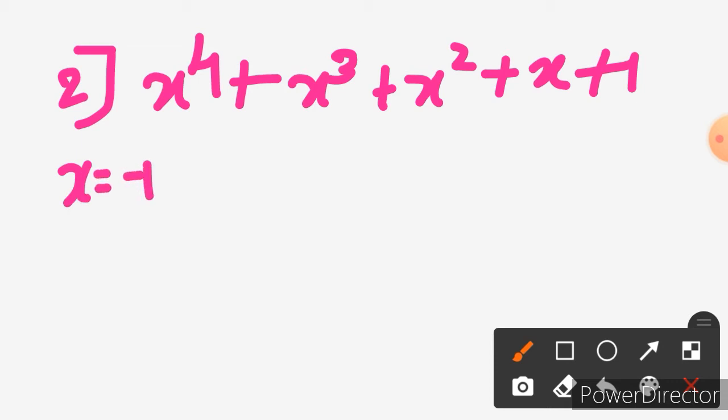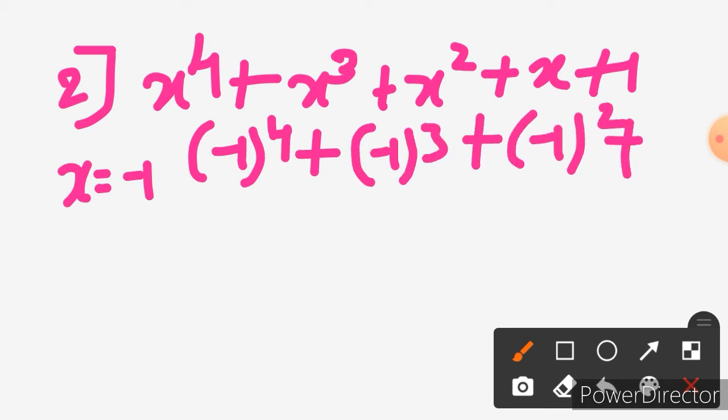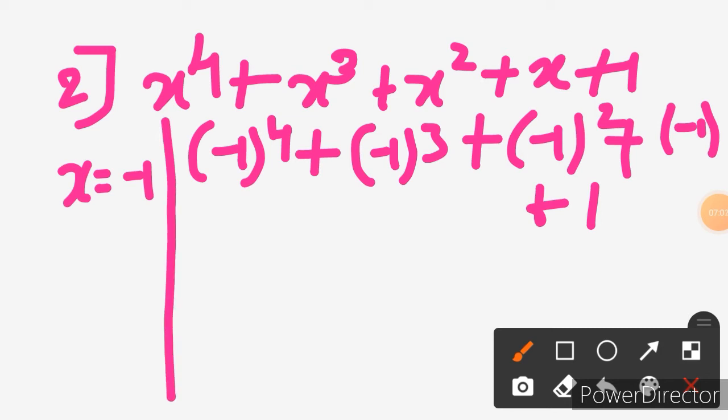So minus 1 whole power 4 plus minus 1 whole cube plus minus 1 whole square plus minus 1 plus 1, which implies minus 1 whole power 4 is plus 1. And I'll write this as 1 itself because 4 is an even number.